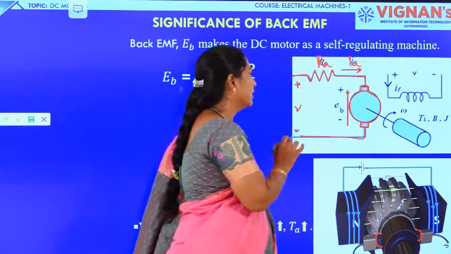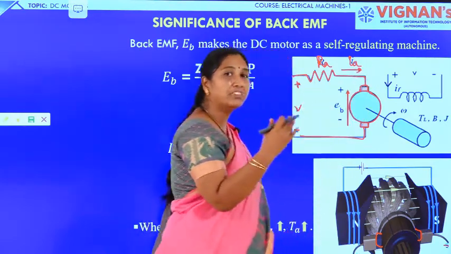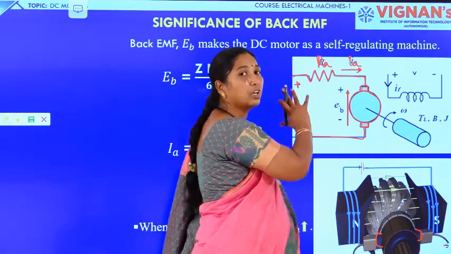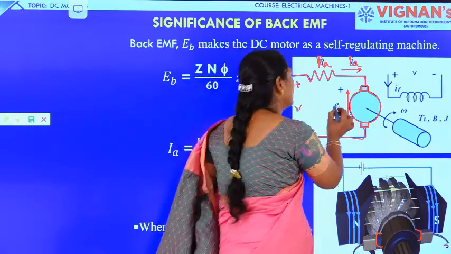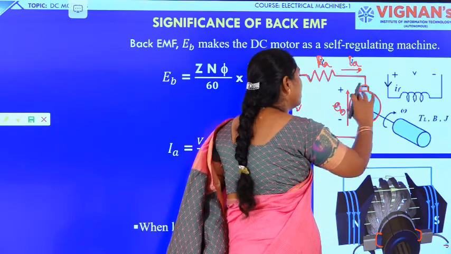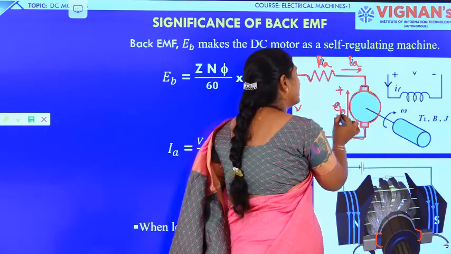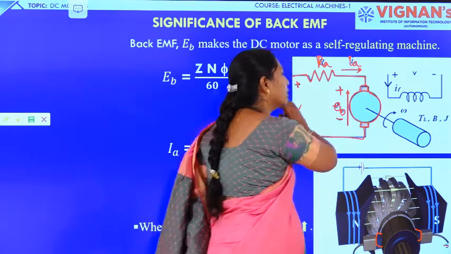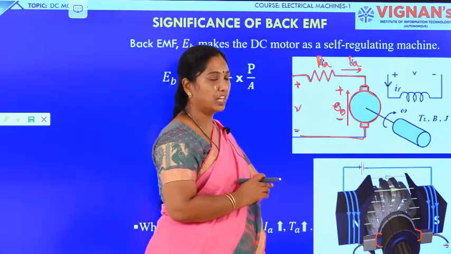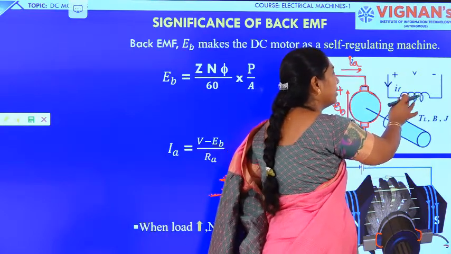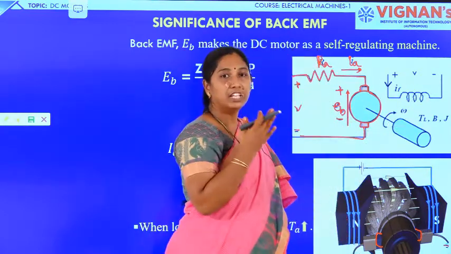So, RA is the resistance offered by the armature conductors, and the current flowing through the armature is represented by IA. Now, the back EMF that is induced in the armature will oppose the cause, that is the DC supply. So, here the back EMF will be represented across the armature, and it is in such a way to oppose the applied DC voltage. Now, in this example we have taken a separately excited DC machine.